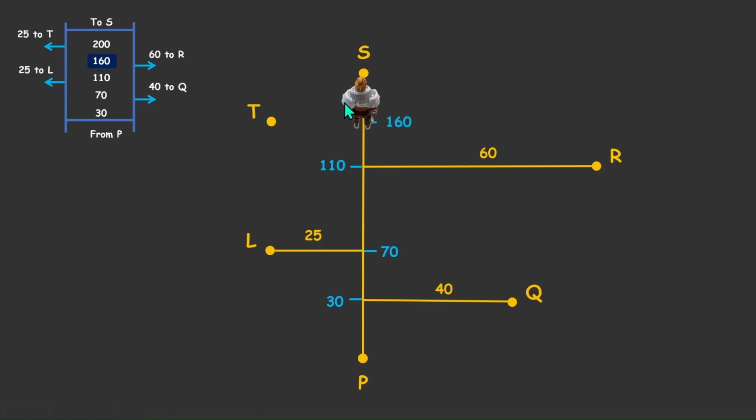Now the surveyor will look on its left and see that T is at a 25 meter distance. So this distance would be 25 meters. After spotting and measuring all the vertices, it will go back to its path and end at S, which is at 200 meters.